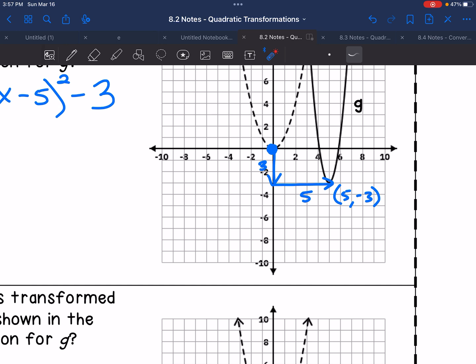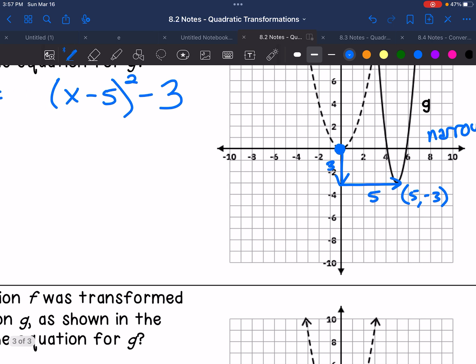On the original, starting from the vertex, I could go up 1, over 1, and be on my line. On my new one, if I start from the vertex and go up 1, over 1, that's outside of my line. So my new graph is skinnier than the old one. It's been narrowed, so that means I have multiplied by some number that's bigger than 1.